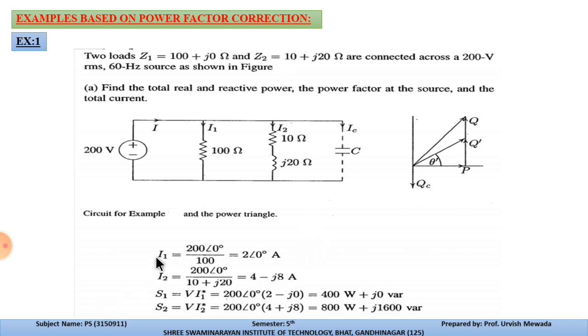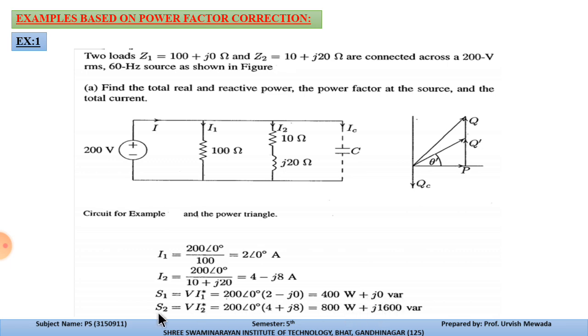Now from these two current values we can calculate the apparent power of each branch. S1 is equal to V I1 conjugate, and I1 conjugate will be 2 minus j0. Now the apparent power of the first branch is 400 watt active plus j0 reactive VAR.